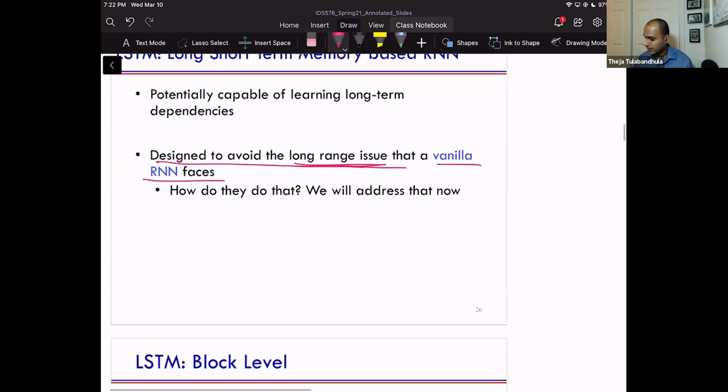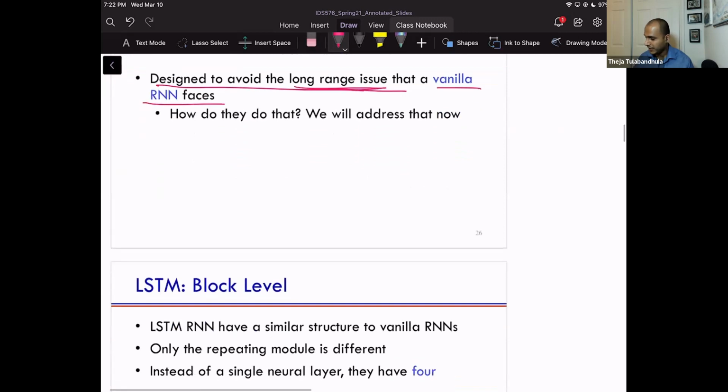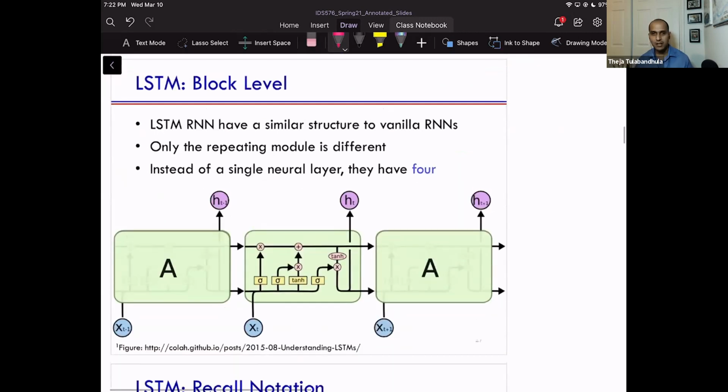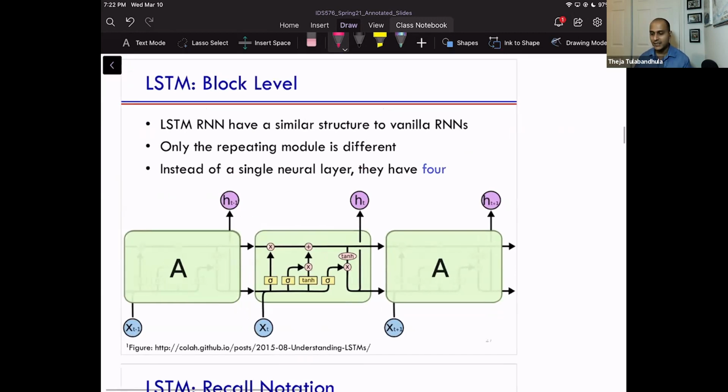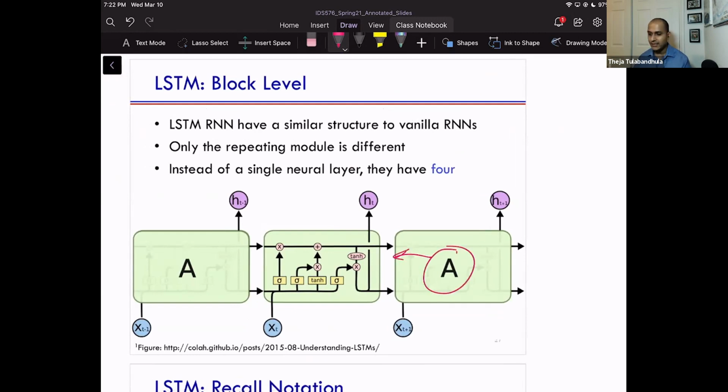Instead of just talking about what it can do, let's start with the block. Here you can already see the block inside, the A block right here, which already seems quite messy. So what we're going to do is open this block and interpret what is going on in this computation. There are a lot of edges and a lot of computational steps going on inside this block A, and we'll try to understand how these steps manage long-term information.